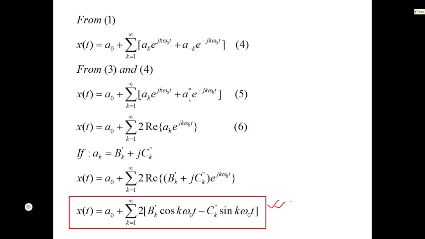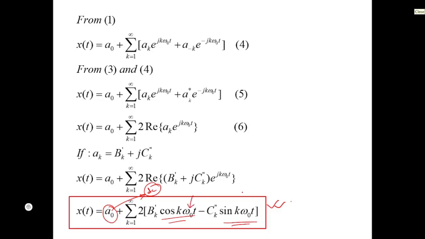Okay, so if you look into this equation, which is another representation of the equation I showed you a few moments back, we have x(t), and we can see it is a combination of various sinusoidal signals. Apart from these sinusoidal signals, we have a component a0, which is basically the DC component. It does not have any frequency component associated with it.